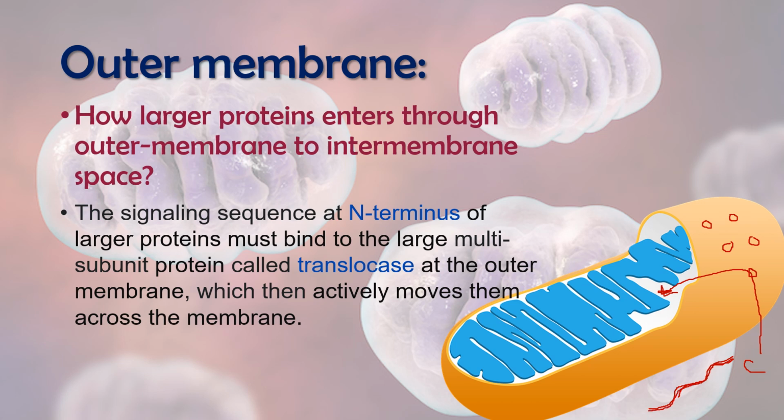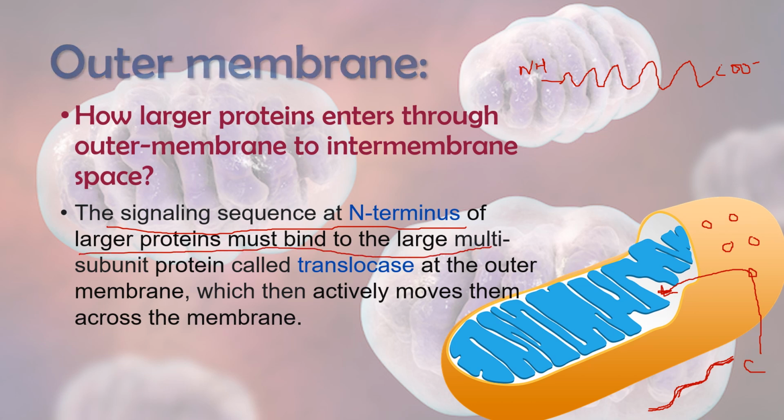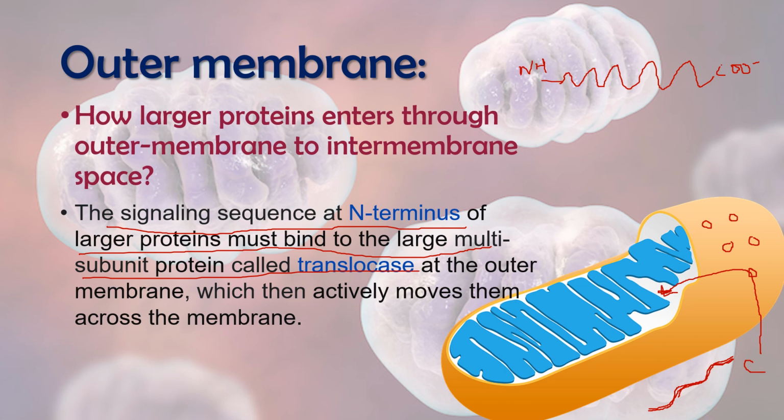We know that every polypeptide chain has an amino terminus and a carboxy terminus. The signaling sequence at the N-terminus of a large protein must bind to a large multi-subunit protein called translocase.